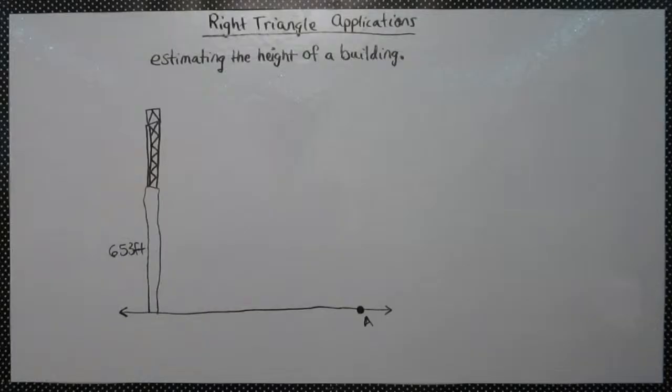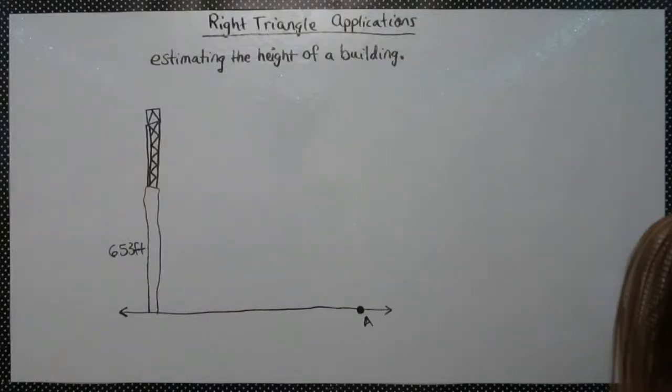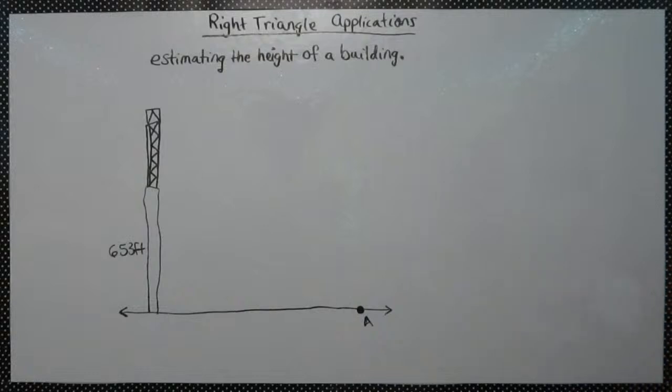How high is the tower? I posted this problem today, so I do have it posted in writing. I just don't want to write it again on the board. So I took a picture of it and posted it, so hopefully that's good enough.